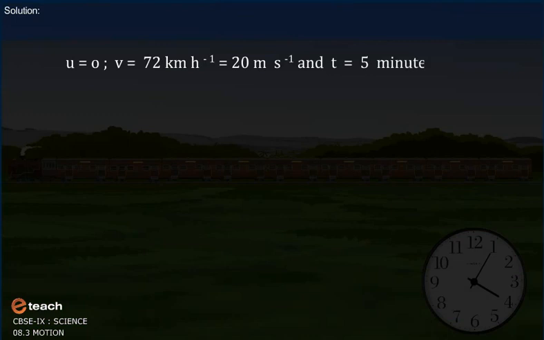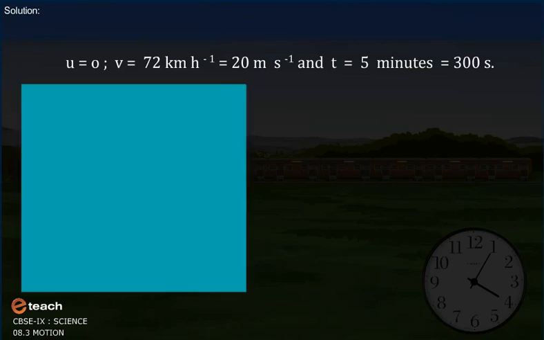Solution: we have been given u = 0, v = 72 km per hour, that is equal to 20 meter per second, and t = 5 minutes, that is equal to 300 seconds.